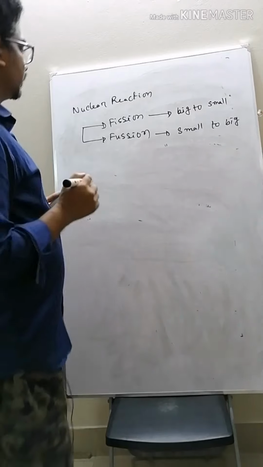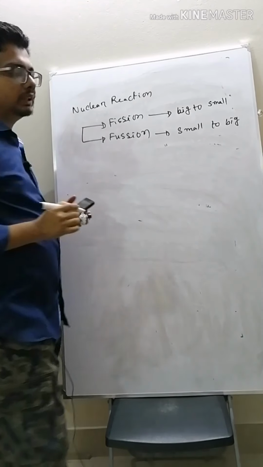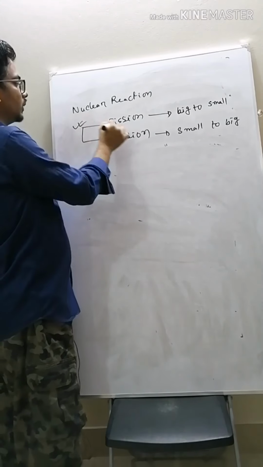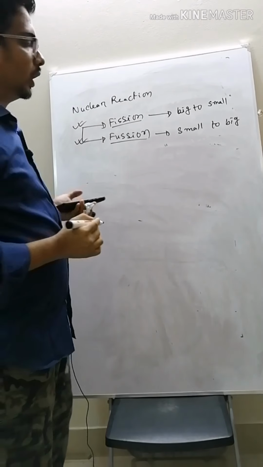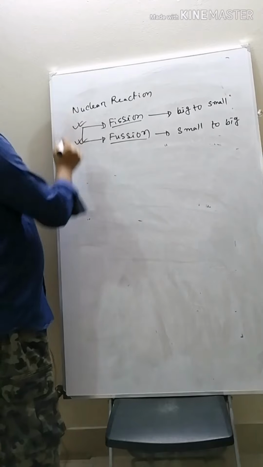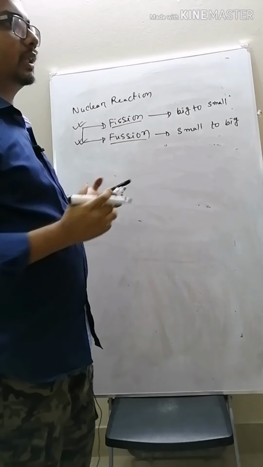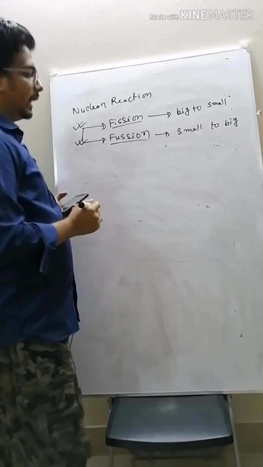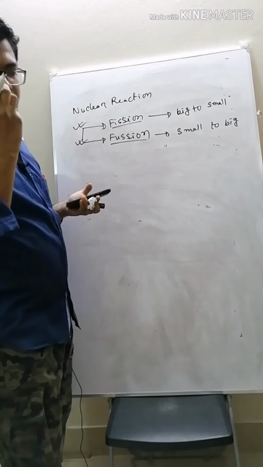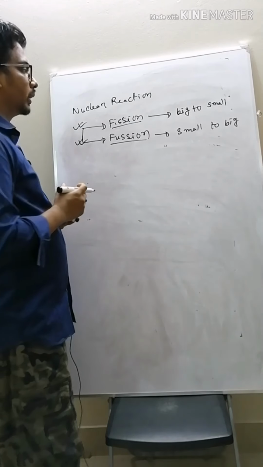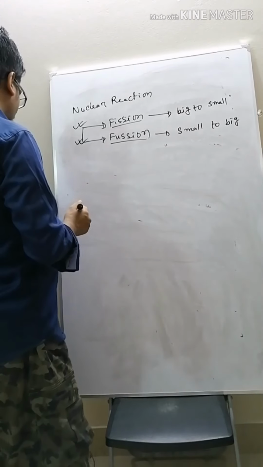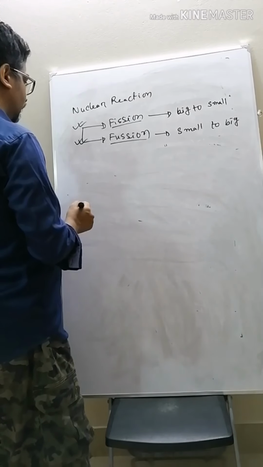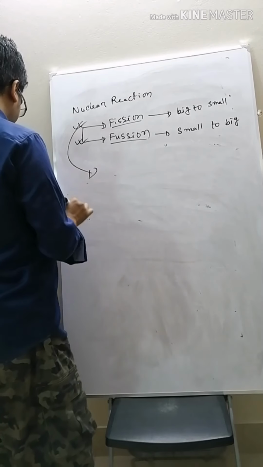Now we talk about the types of nuclear reaction. One is nuclear fission reaction and another is nuclear fusion reaction. In nuclear fission reaction, a big molecule or big atom will convert to smaller molecules and it will produce a huge amount of energy. The nuclear fission reaction is given below.